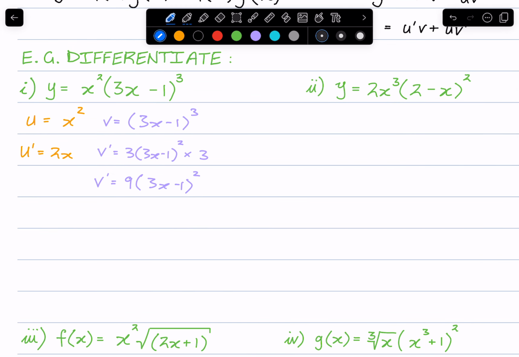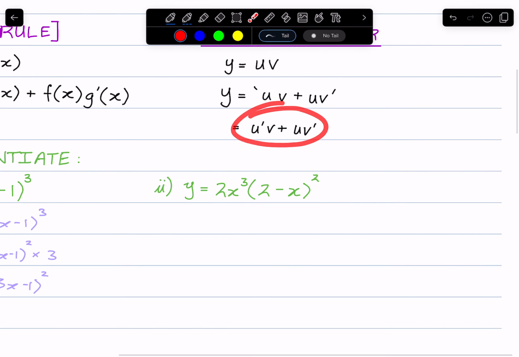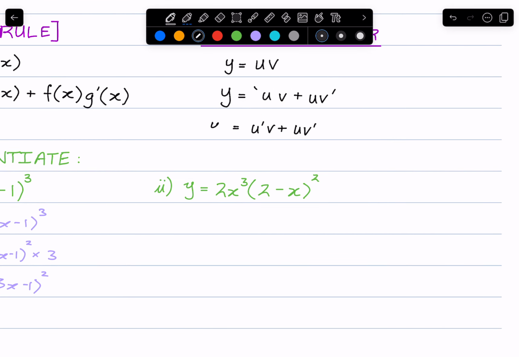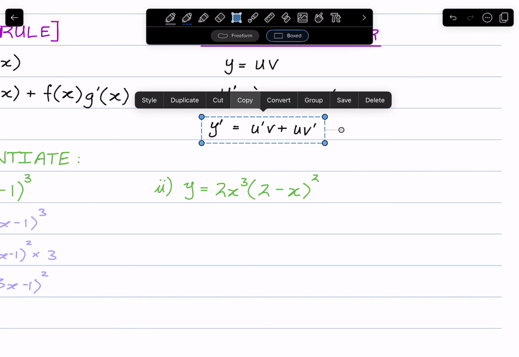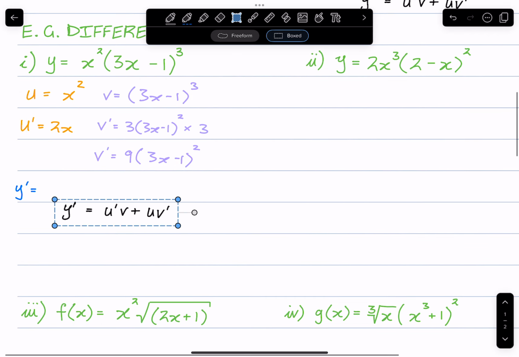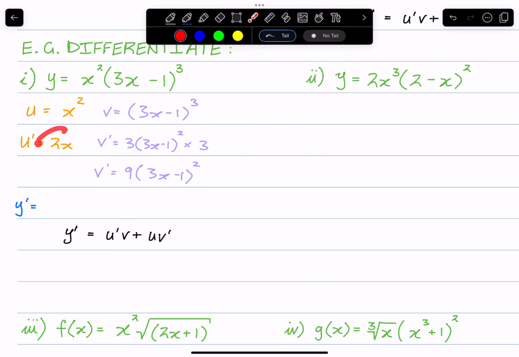And so now to find y prime, simply follow this rule here. Let's copy this down so we can follow it along. u prime times v gives us 2x times 3x minus 1 cubed, plus u times v prime.